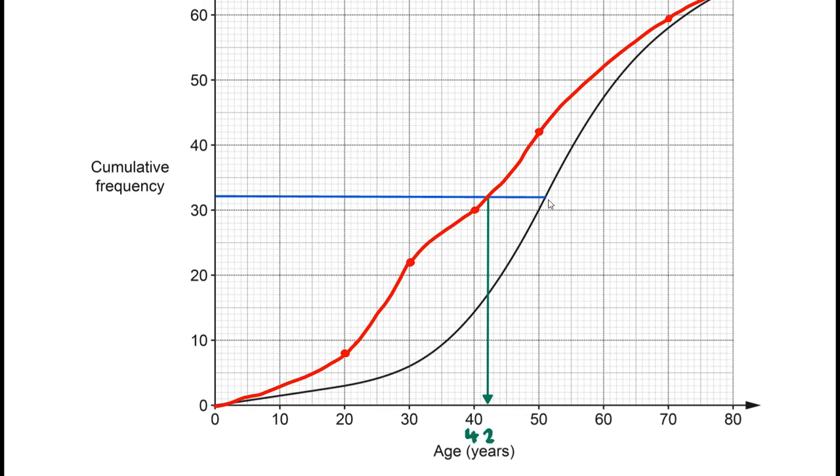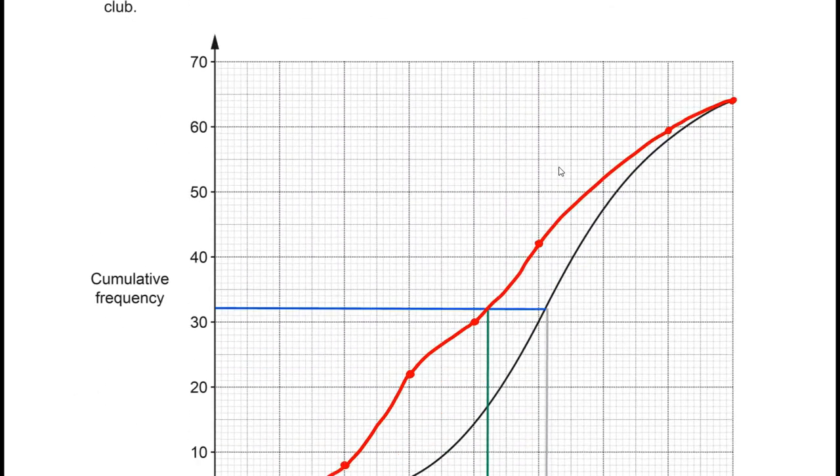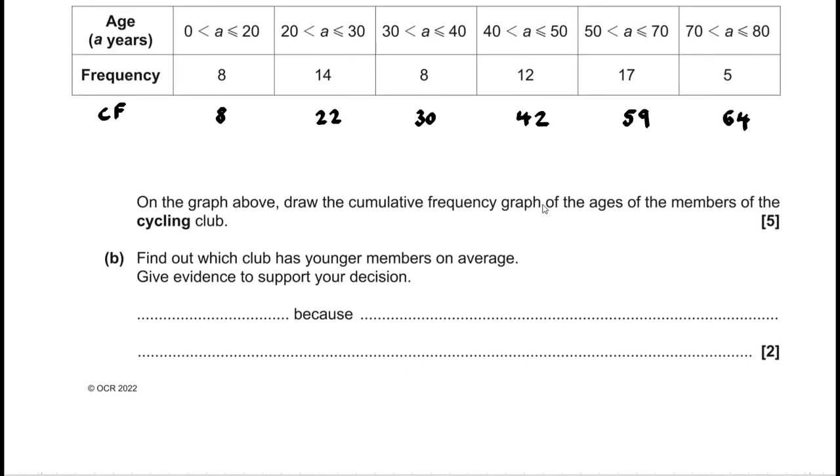And if I draw a line down from here, we have 51. So which one is higher, 51 or 42? Well, 51 is higher, and that corresponds to the tennis. So which one has younger members? That's tennis, because the median of 51 is greater than the median of 42.